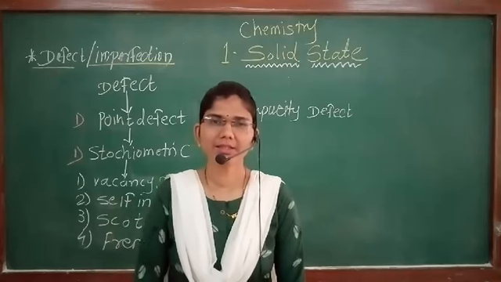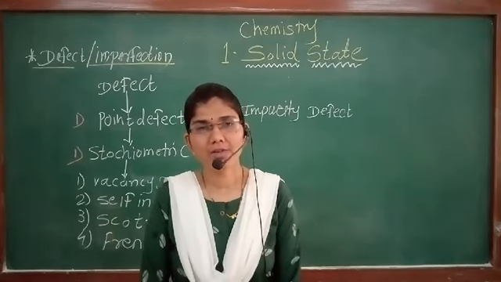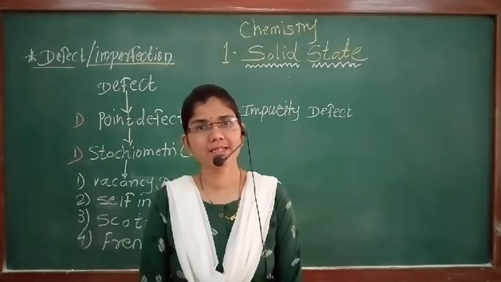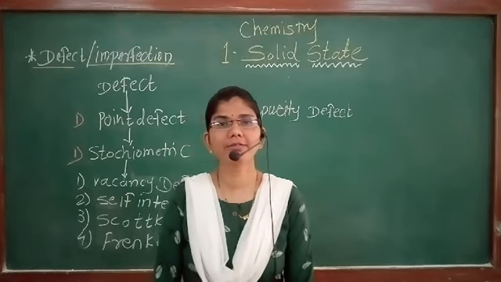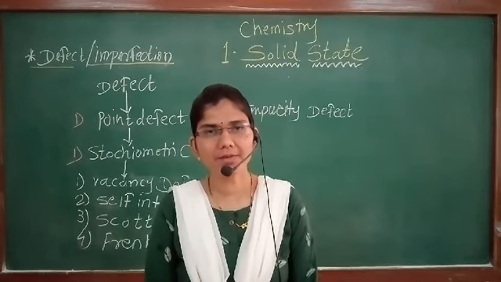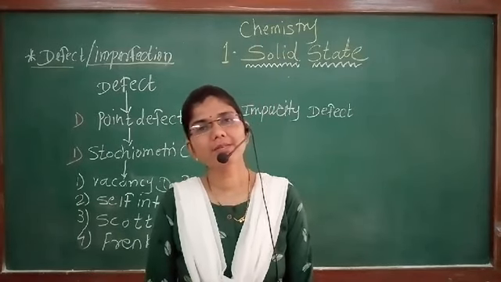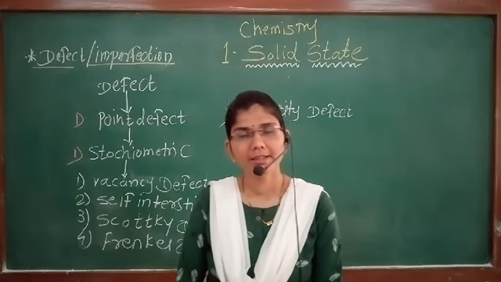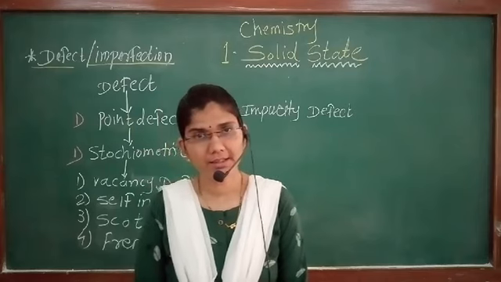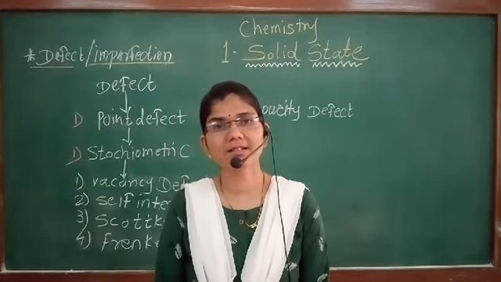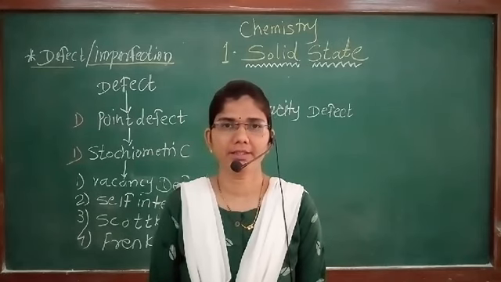So dear student, in the last lecture we have started a sub point in the solid state, that is defects or imperfections in the crystals. In that we have seen what is meant by defect. Defect is produced when the rate of crystallization is faster than the requirement.